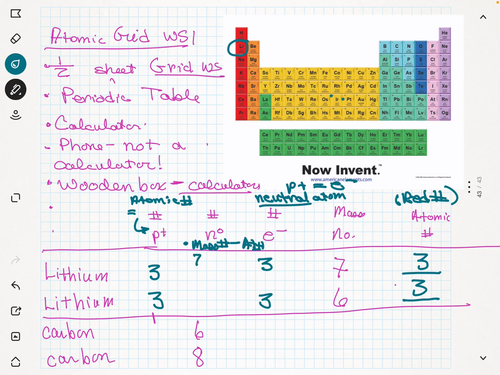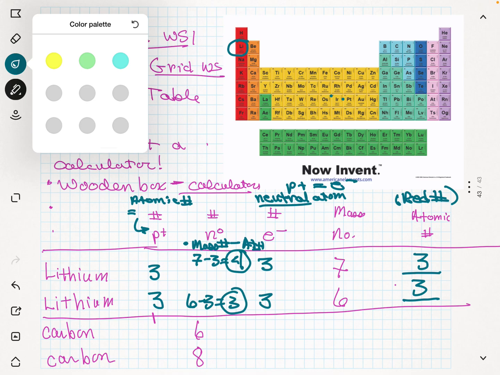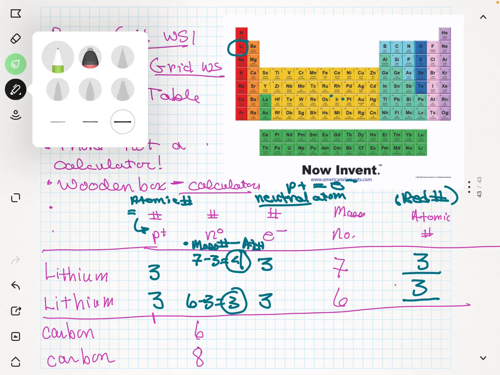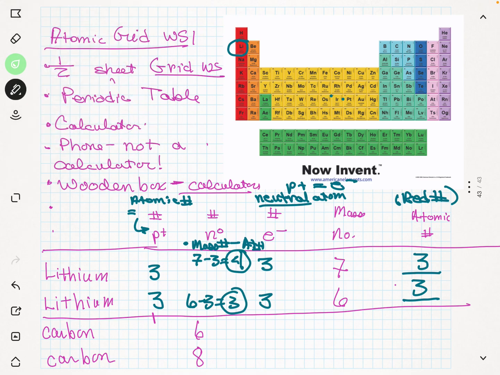So for this one, it will be 7 minus 3 equals 4. And for this one, it will be 6 minus 3 equals 3. So for our first two, let me highlight the answers you should have: 3, 3, 4, 4, 3, 3.